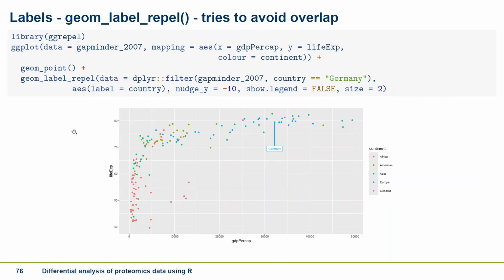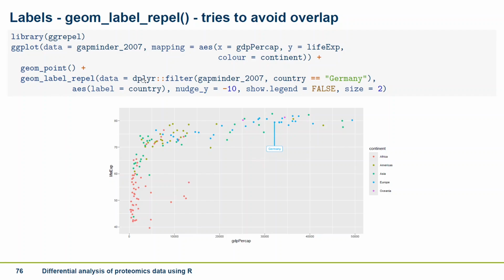You can use a similar thing also to mark certain single data points. So in this case, we want to highlight Germany in this point. So we use the geom_label, but a specific version of it, the so-called geom_label_repel from the ggrepel package, which tries to avoid overlap with any other labels or data points. So it doesn't plot the label here and maybe hide some other data points, but it tries to avoid that.